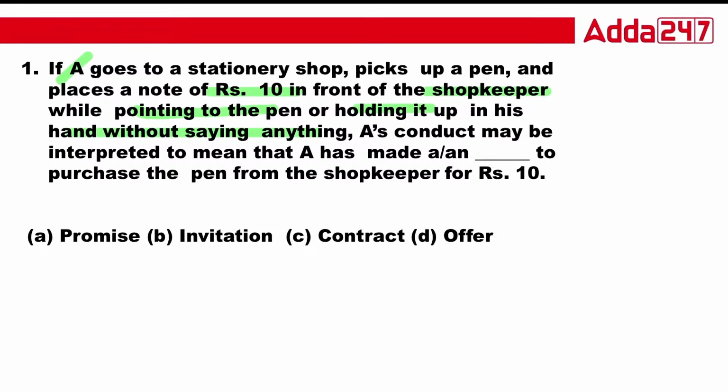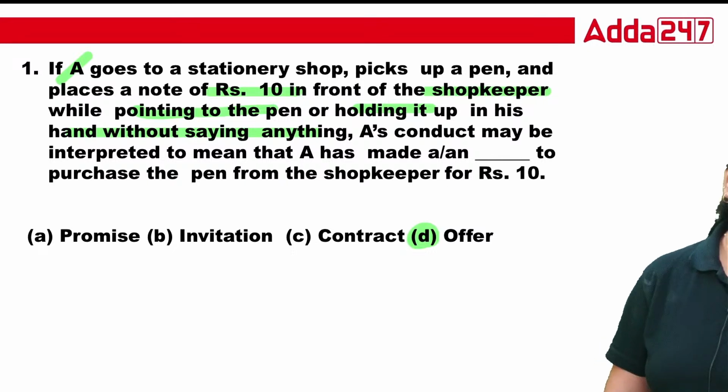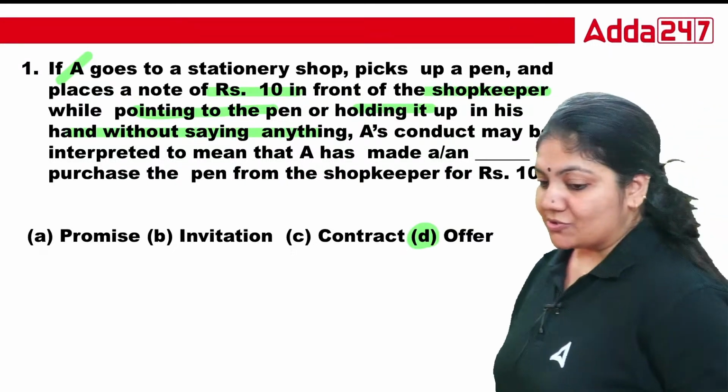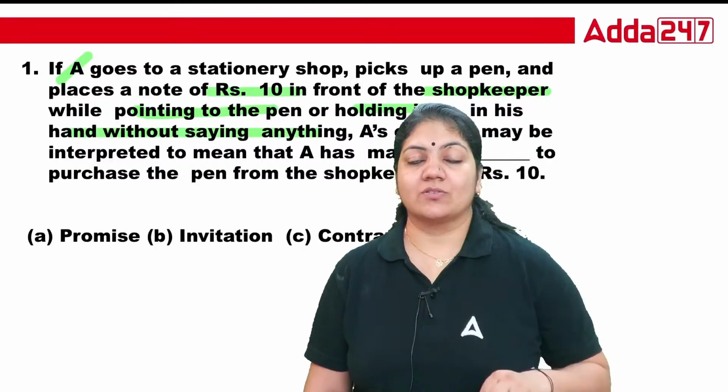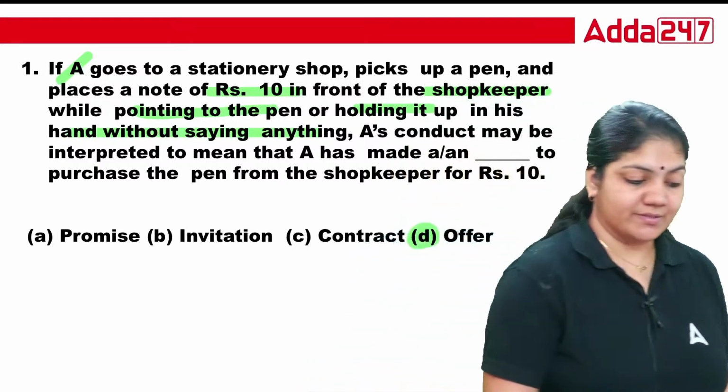What is the right answer? So class, here A has made an offer. This is the right answer. A has made an offer. It is not an invitation to offer. If the shopkeeper sells now, then it is called an invitation to offer. This is the right answer.